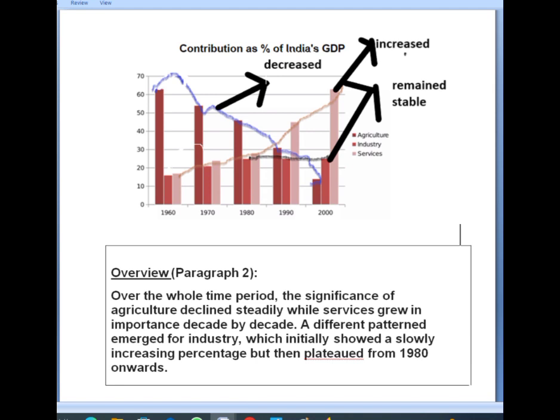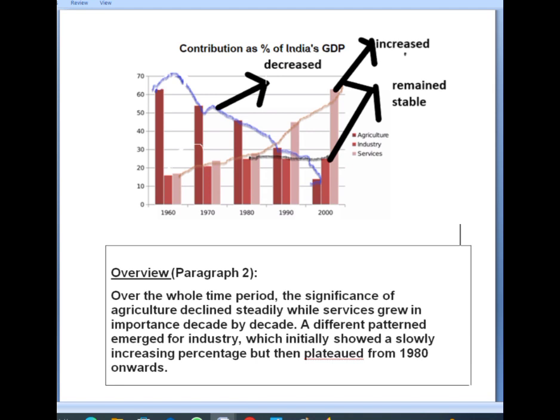Now we can see agriculture has decreased from the year 1960 to 2000. Similarly, we can also see services has increased from 1960 to 2000. Similarly, when we look deeply, we can see that from the year 1980 to 2000, the industry sector remained stable.